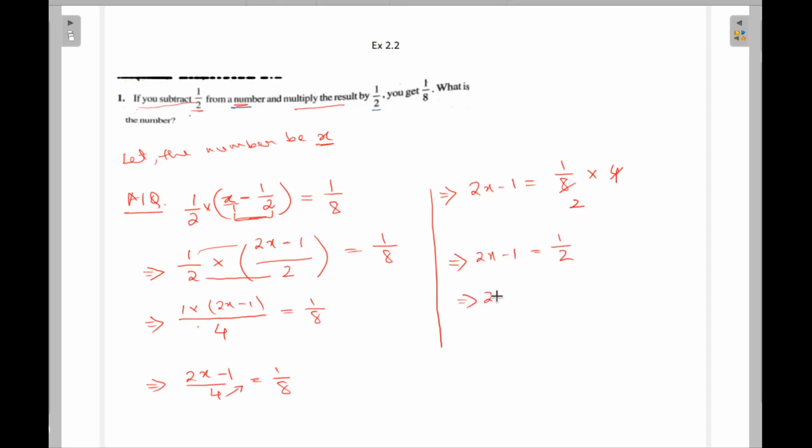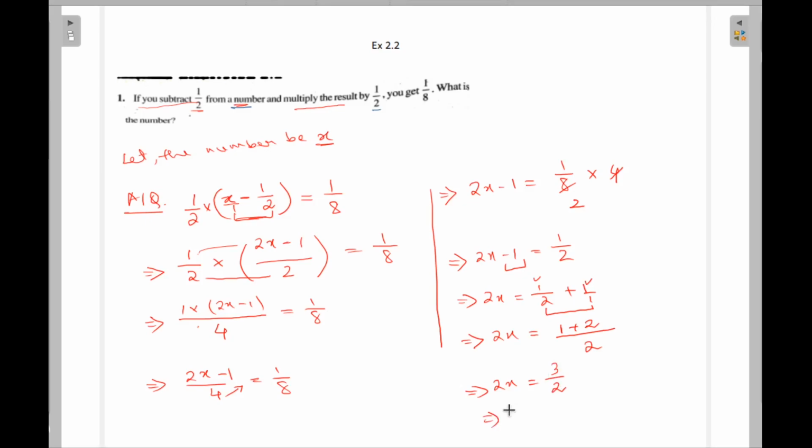Now we will take minus 1 to the other side, so it will become plus 1. So twice x equals, now 1 can be written as 1 by 1. The LCM of 2 and 1 is 2 again. So 1 plus 1, and here it is 2. We will multiply the numerator by 2, so 2 multiplied by 1 is 2. Okay, so twice x equals 3 by 2.